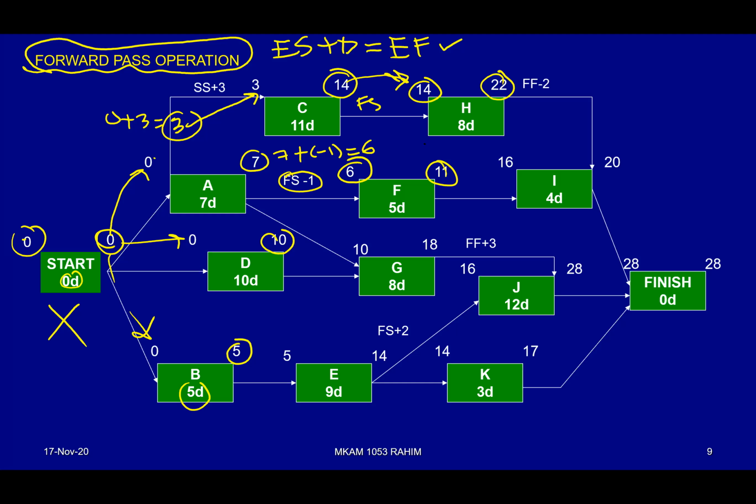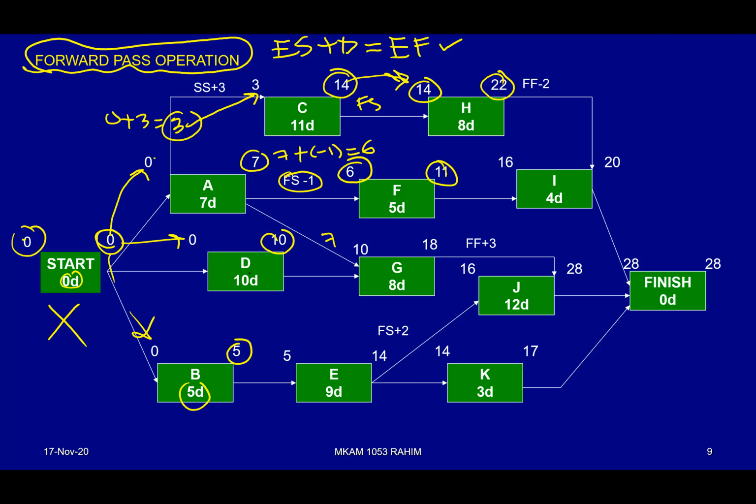How about activity G? Okay, for activity G, please look at how many arrows are going into the activity. That is another way to be extra careful. Otherwise, you will make a mistake. So G has 2 arrows coming in, from A and from D. From A, 7 will go inside here.